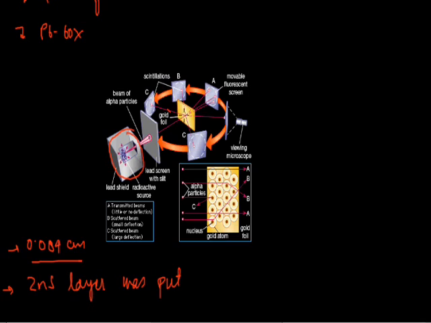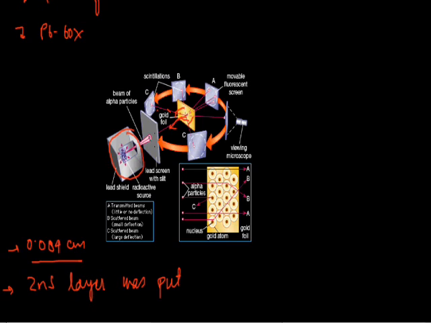Here you can see there are some deflections at some angles like that. The number of these rays was very low, and very few, 1 in 20,000, were deflected backward on their path at an angle of 180 degrees. You can see this ray again comes back at 180 degrees like that, and this is only 1 in 20,000. So here we can see the observations.